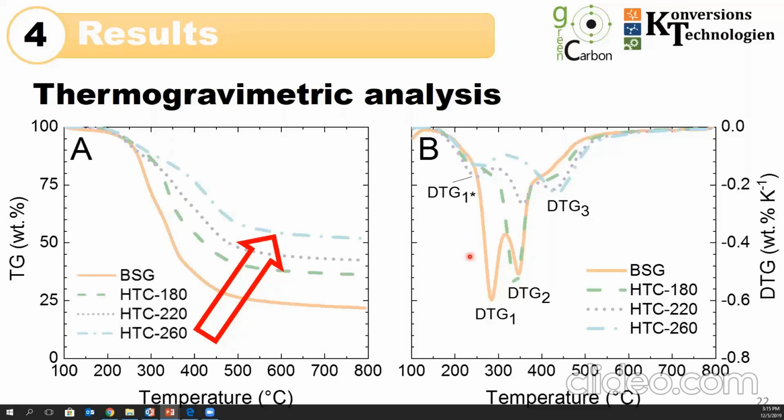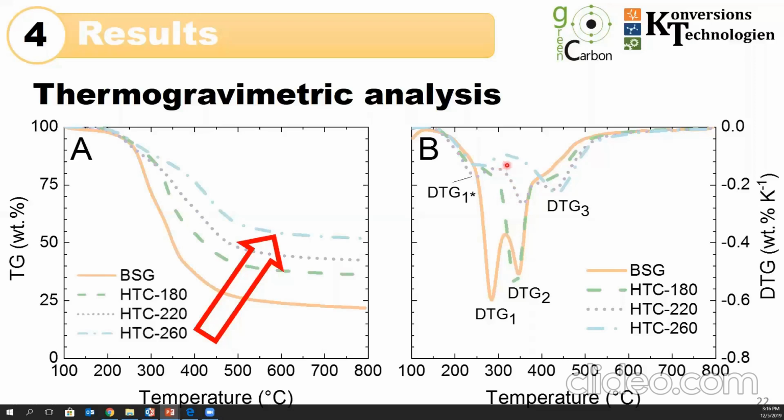And then, after the hydrothermal carbonization, we can observe that at mild conditions, meaning 180 degrees, the hemicellulose is converted, which this curve shows, as the peak for hemicellulose is gone. A further increase in hydrothermal carbonization temperature reduces the cellulose content in the hydrochar.